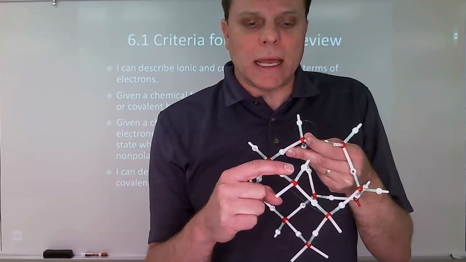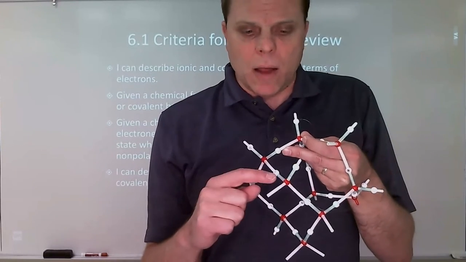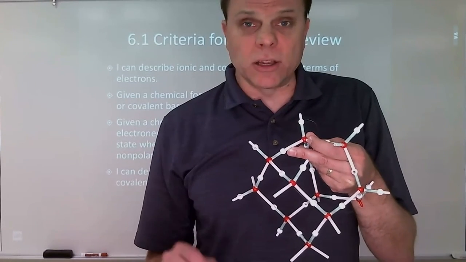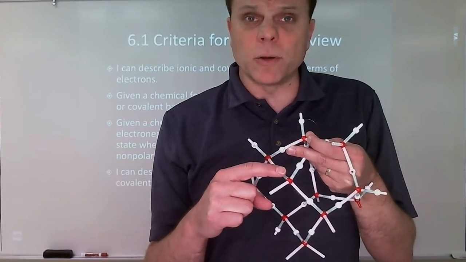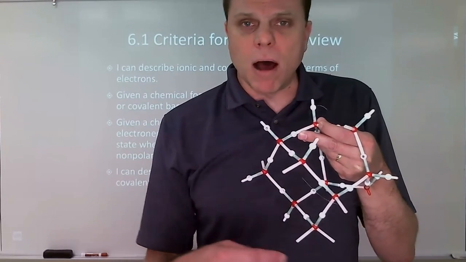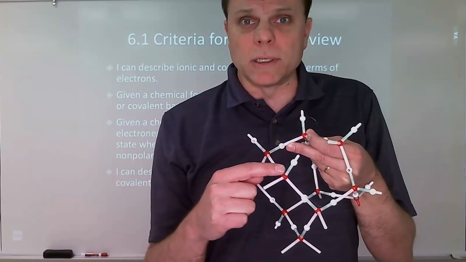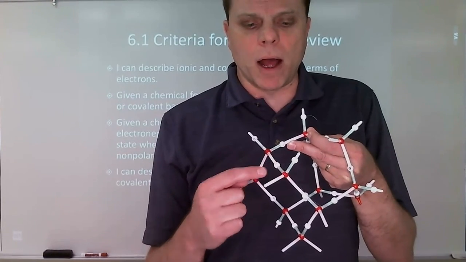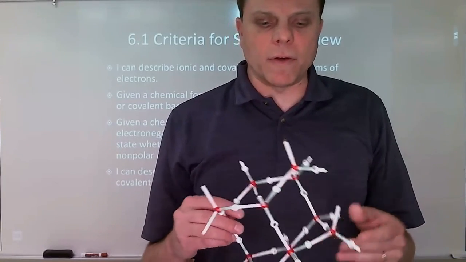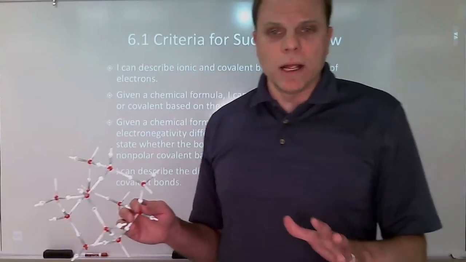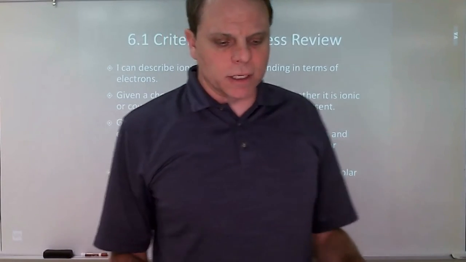I need to look and see what the electronegativity of hydrogen is, 2.1, and what the electronegativity of oxygen is, 3.5. So that's a 1.4 difference, which means these are polar bonds. Now this is all a part of a polar molecule, but these are the polar bonds that we're dealing with here. Polar bonds as part of a polar molecule. And then you have the attractions that occur there. So that's just a little bit of an example of how this comes into play.